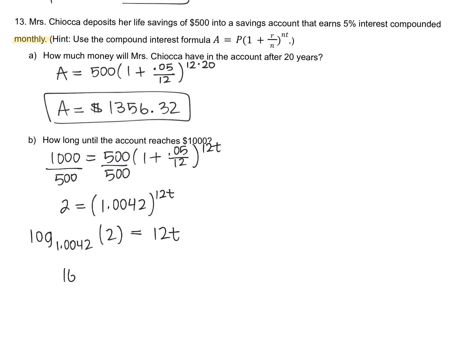And I get 165.38 equals 12t. Now, depending on how far you went on your decimal, this value might look a little bit different, which is fine. And then we're going to divide both sides by 12. And I get that t equals 13.78 years.